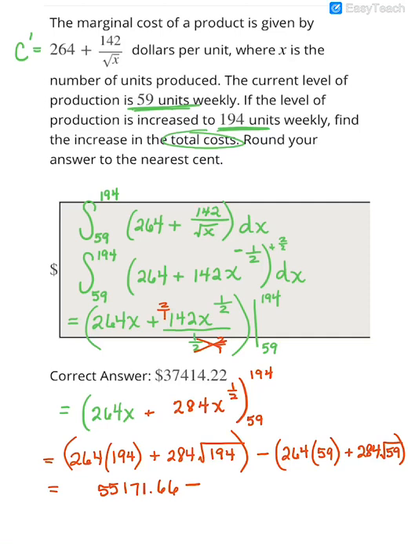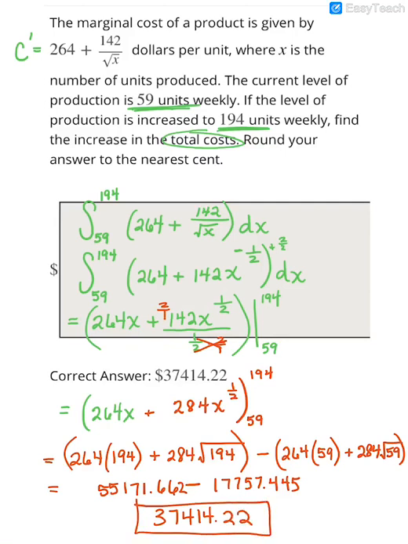And that gives me $17,757.40. I probably shouldn't round these decimals yet, so let's carry those three: 55171.662 minus 17757.445. So that gives me a total of $37,414.22. So careful not to round the decimals too early. Always carry one more than what you need in your final answer.